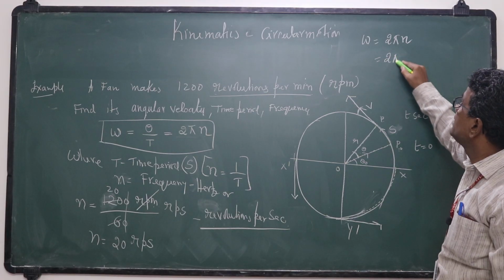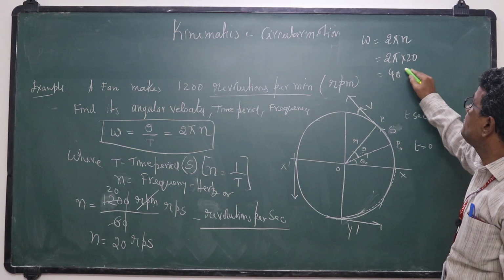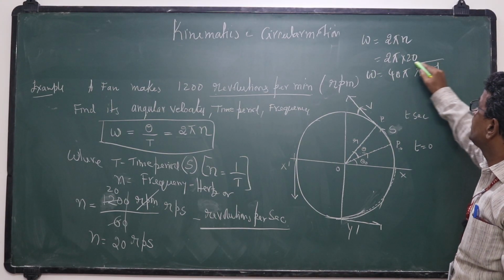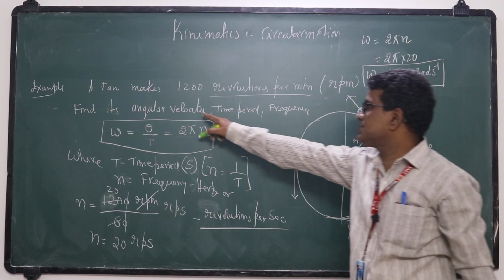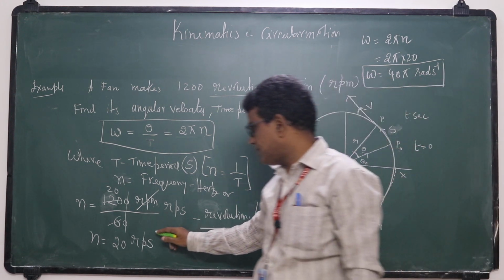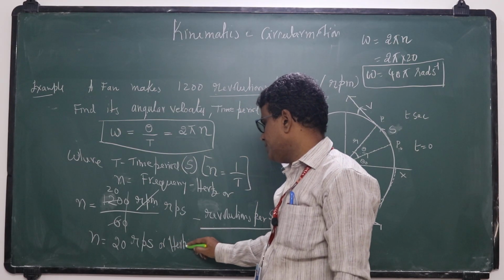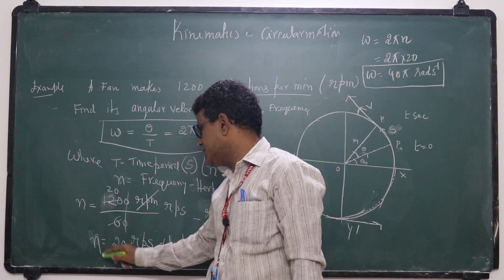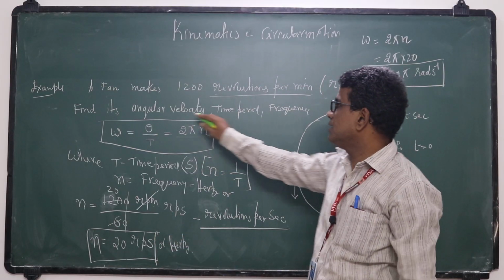That is 2 pi times n, and n is 20, so that is 40 pi. Omega is equal to 40 pi radians per second. So this is the answer for this question. Angular velocity I got. Frequency I got, n, which is 20 RPS or 20 Hz. So I got frequency also.